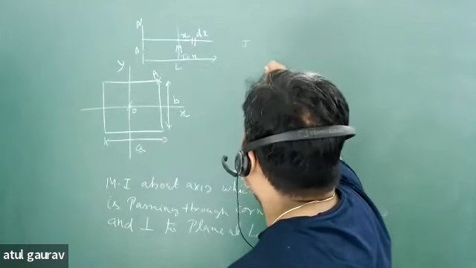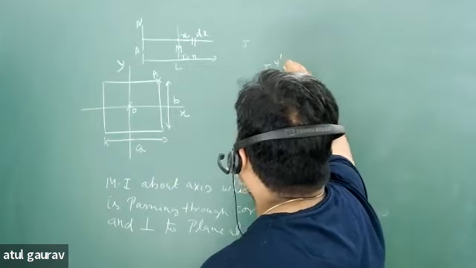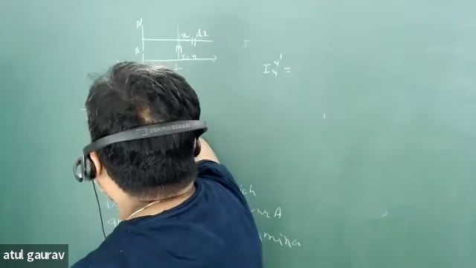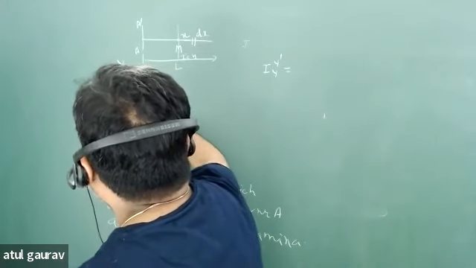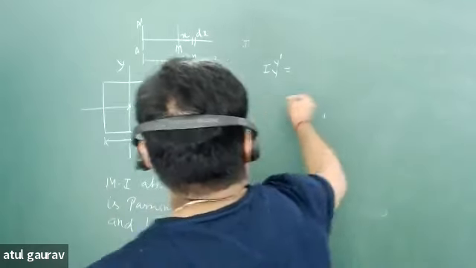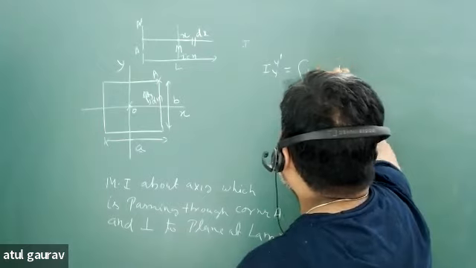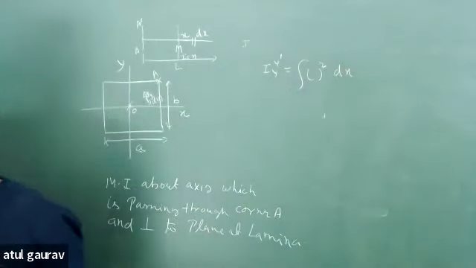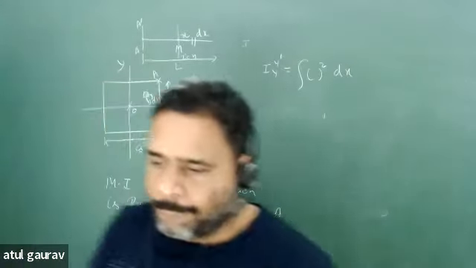Yes, sir. Okay. And let's say this is y dash. So let's calculate I y dash, meaning you are finding about this axis. So you can take any mass element dm. Now integration dm. Can you please tell me what is this square? This is the most important thing.